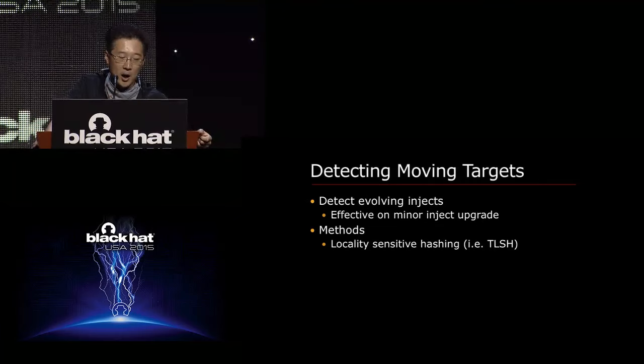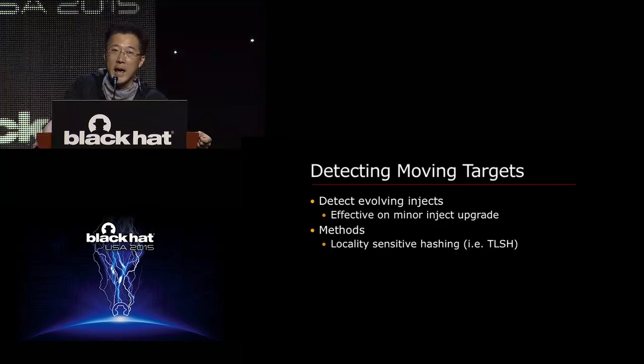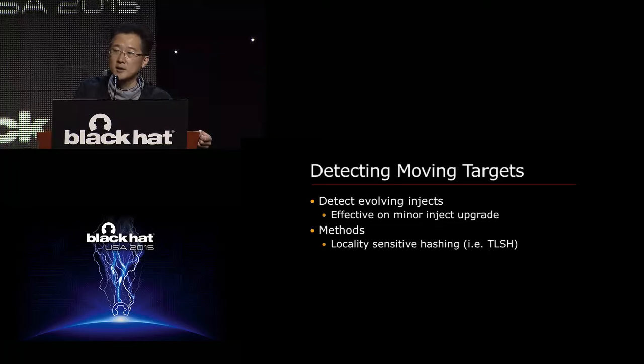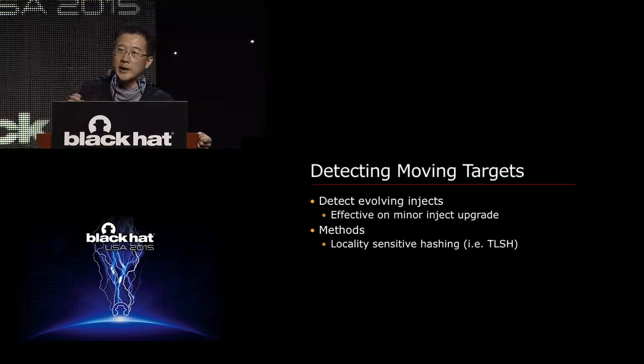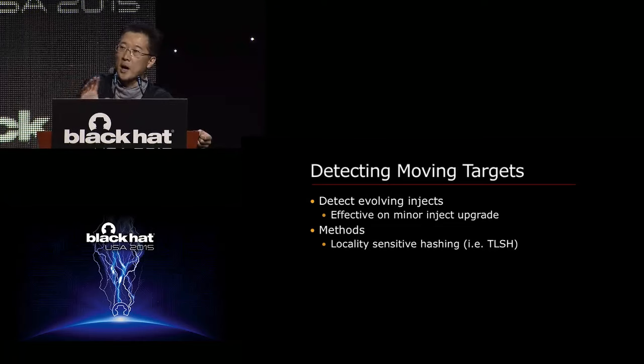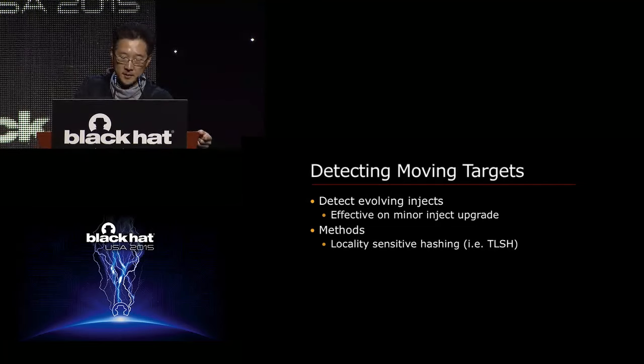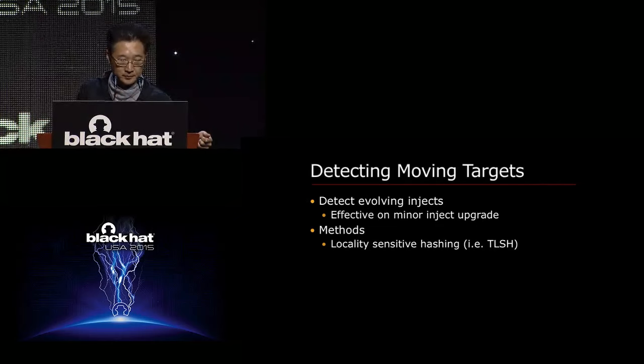So what we can do is use similarity hashing, such as TLSH. We can see if two injects are quite similar to each other. And I'm going to give you a demo on that very soon.